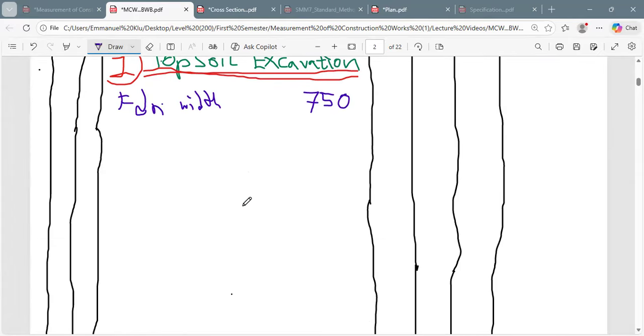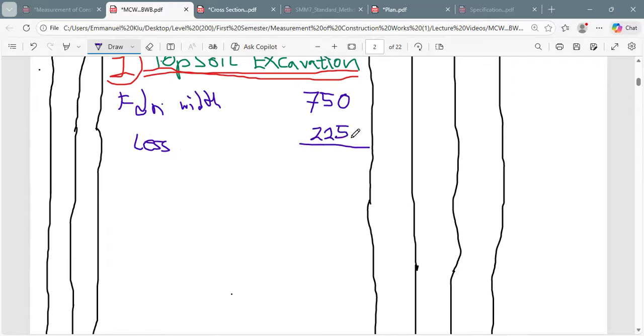The foundation width, shortened as FDN width, is 750. Then we have to less 225 from it. Less means subtract, so if you hear it somewhere, that is the meaning. I hope you know what the 225 is.